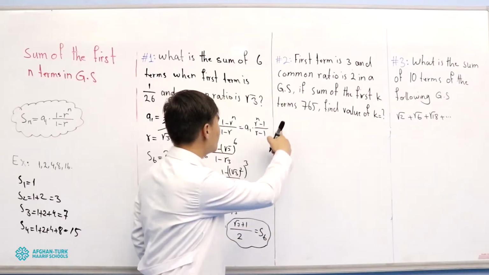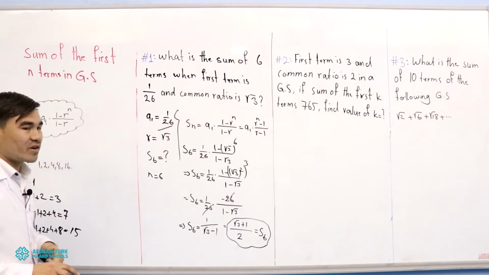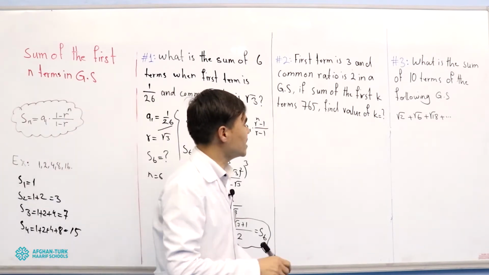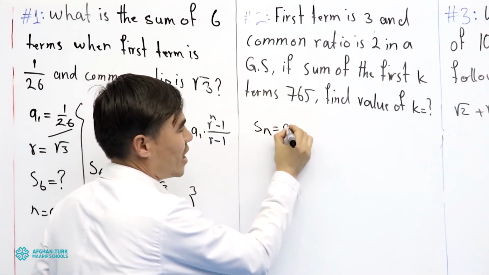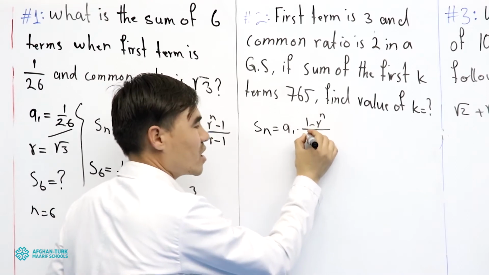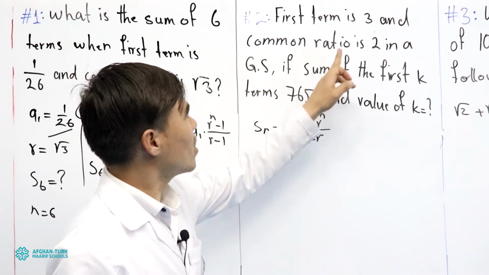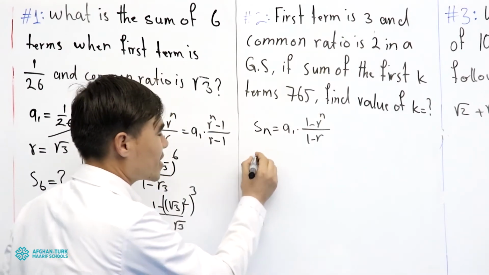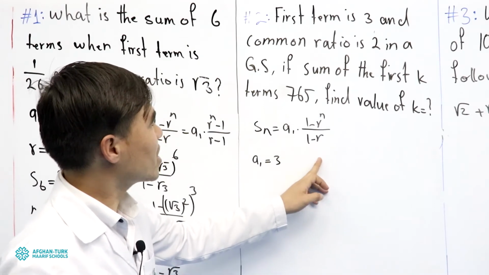Here, we have the formula Sn is equal to a1 times (1 minus r to the power of n) over 1 minus r. We will use it from here. The first term a1 is equal to 3. How can we find the common ratio?